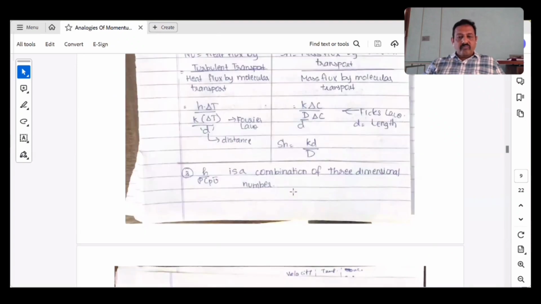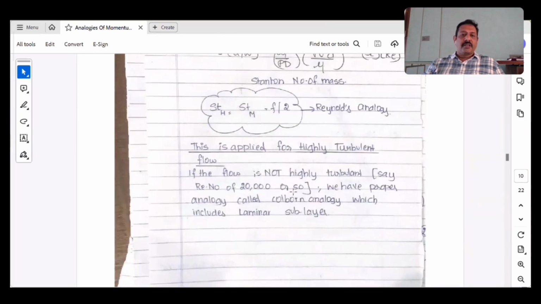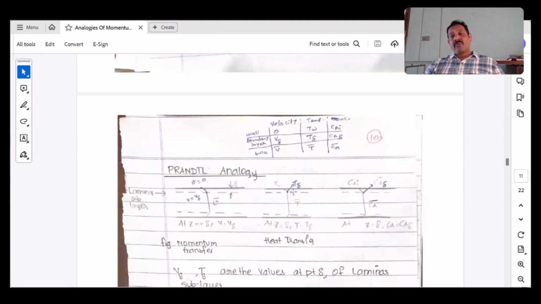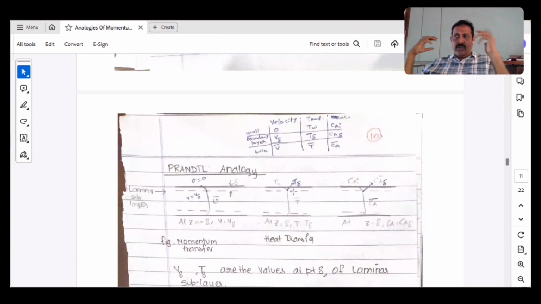So this is the Reynolds analogy, right? This is applied for highly turbulent flow. If the flow is not highly turbulent, then we have a proper analogy called the Colburn analogy, which includes the laminar sublayer. So when we want more accurate results, when the flow is not that highly turbulent, when the boundary effects are appreciable, the transport within the boundary needs to be considered.